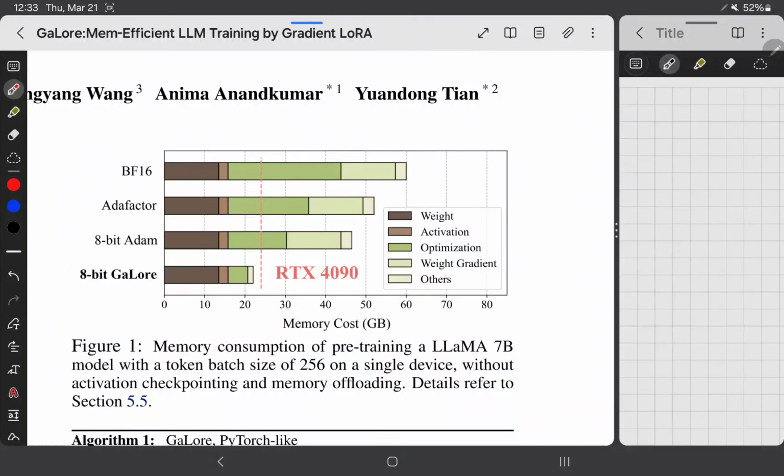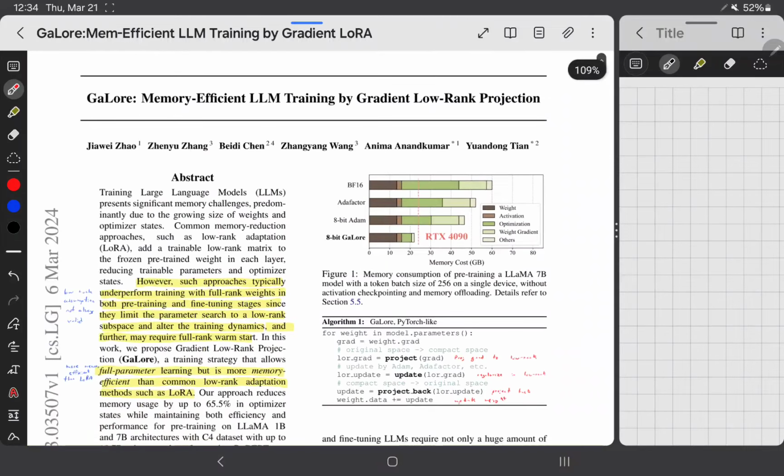But they have a massive reduction in terms of memory using 8-bit GaLore. Even the 8-bit method is quite crazy, and you can make it even lower with Adafactor. So quite interesting that you get such low memory usage, and the results are very similar. So yeah, that's the idea.